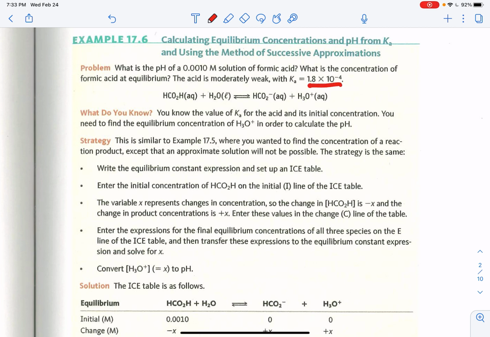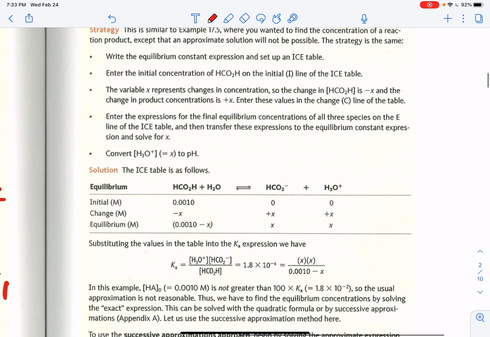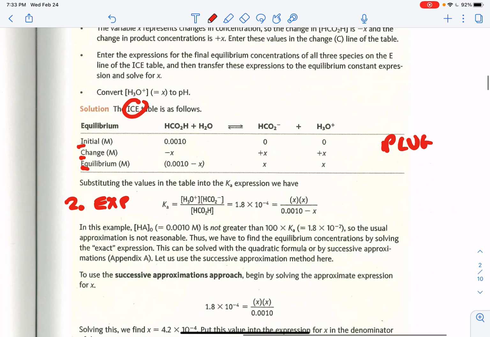And so to speed things up, equation, part 1, equilibrium expression, part 2. The plug part is my ICE chart. ICE for initial, change, equilibrium. Plug it in.